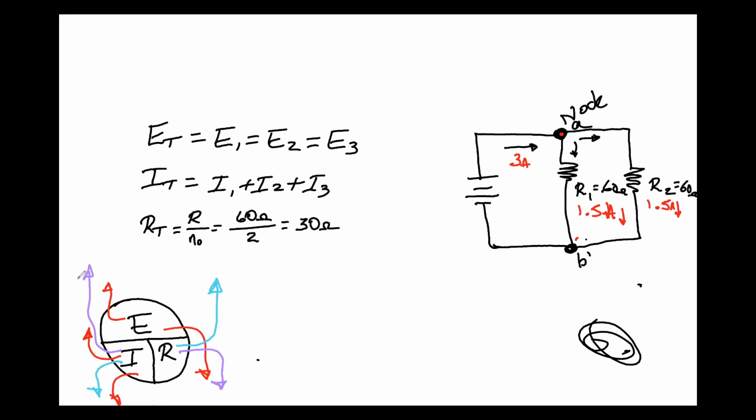So in this instance, let's say I had a switch here and I open the switch, I will only have 1.5 amps through it. As soon as I close that switch, because I am opening a new branch, a new path for the flow of electrons, the total current in my circuit will increase.